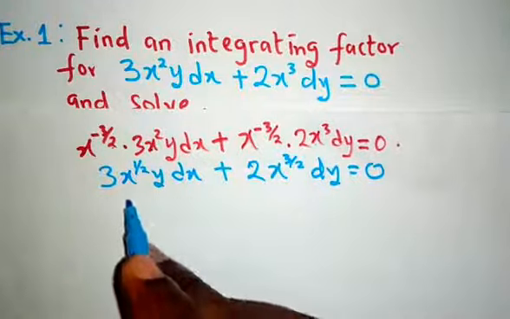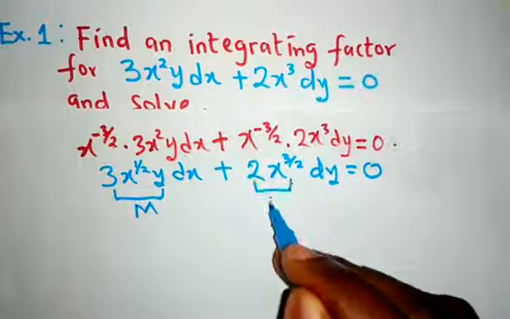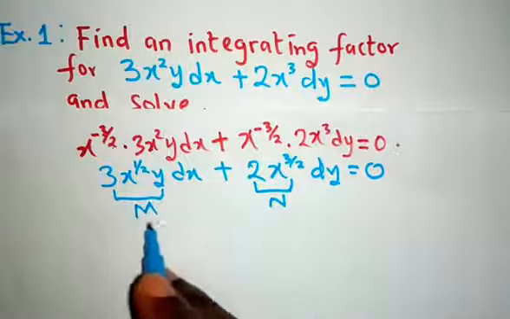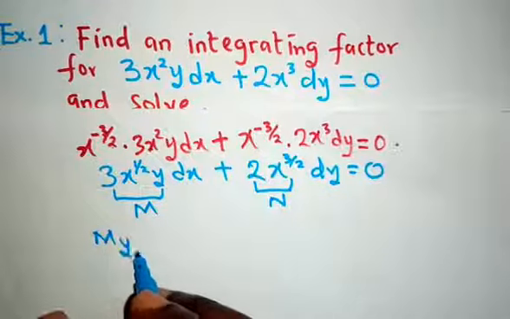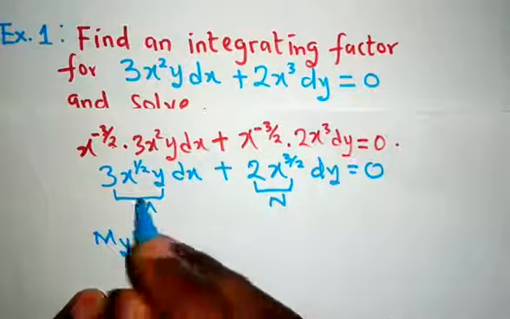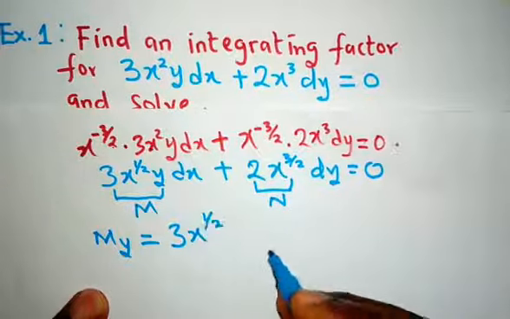Now we have a new M and a new N. So if we differentiate the new M partially with respect to y, we get 3x raised to the power of half.